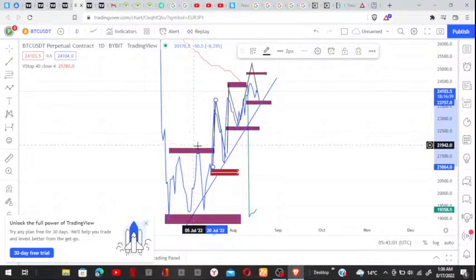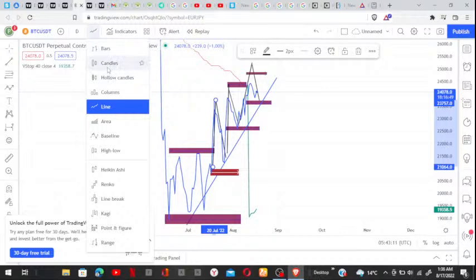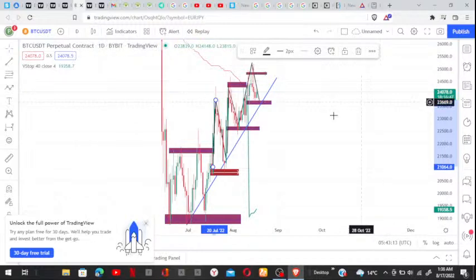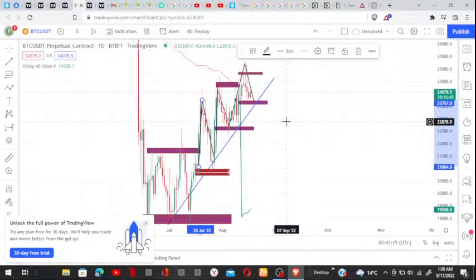So at times when I want to see how strong the market is, I change from the candlestick to all these lines. So yeah, we're back to how it was before.